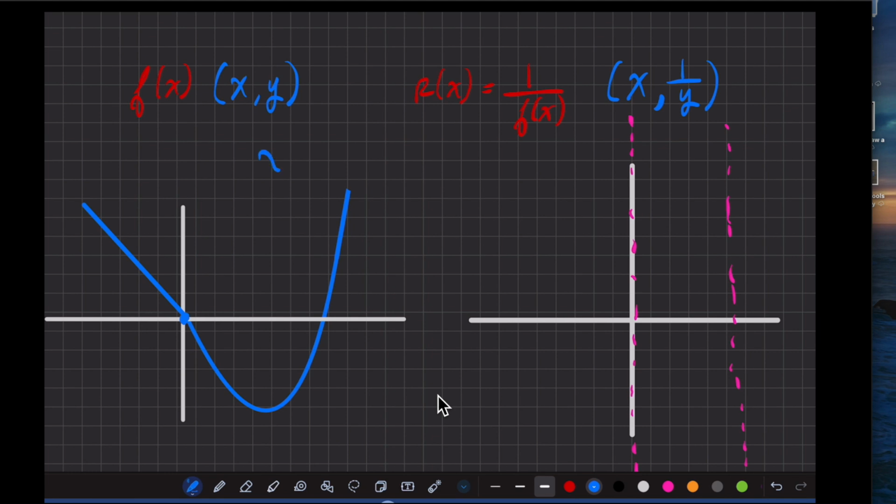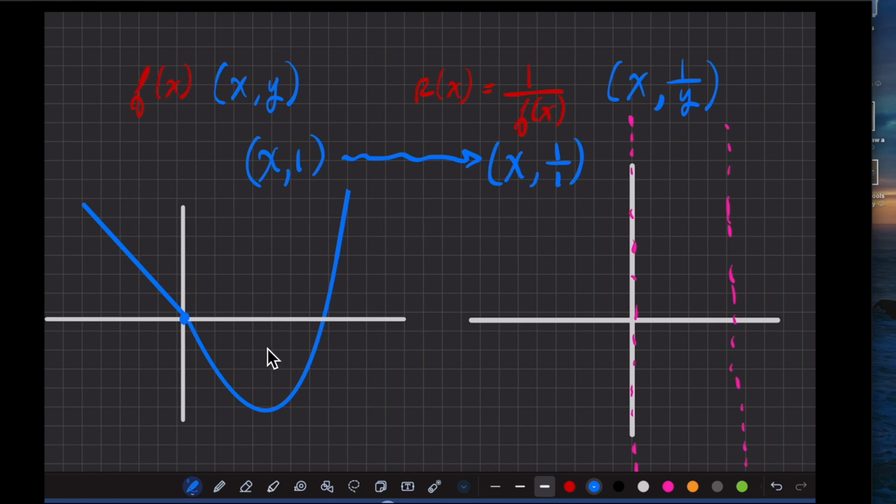If we have an x value and a y value of 1, and then we move to the reciprocal graph and we keep the x value the same and we flip the y value, we're going to have 1 over 1, which is still 1. So in other words, folks, whatever x value features a y value of 1, we're going to have the same exact point on the reciprocal graph.